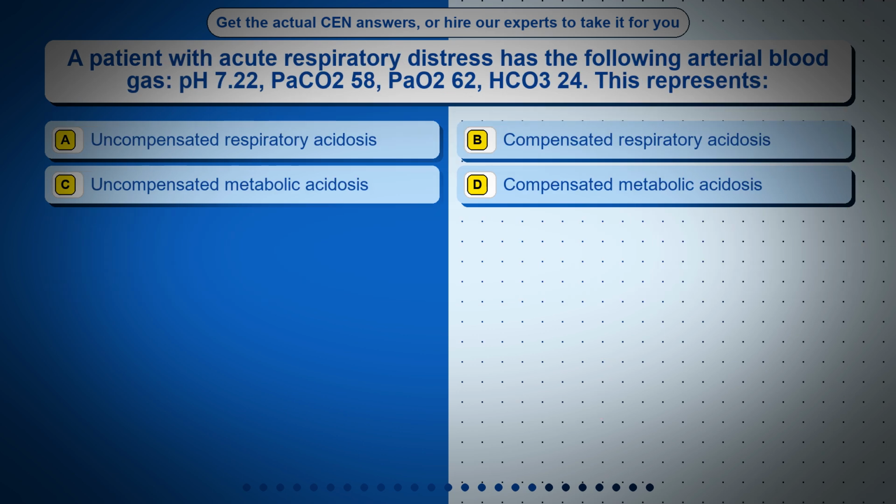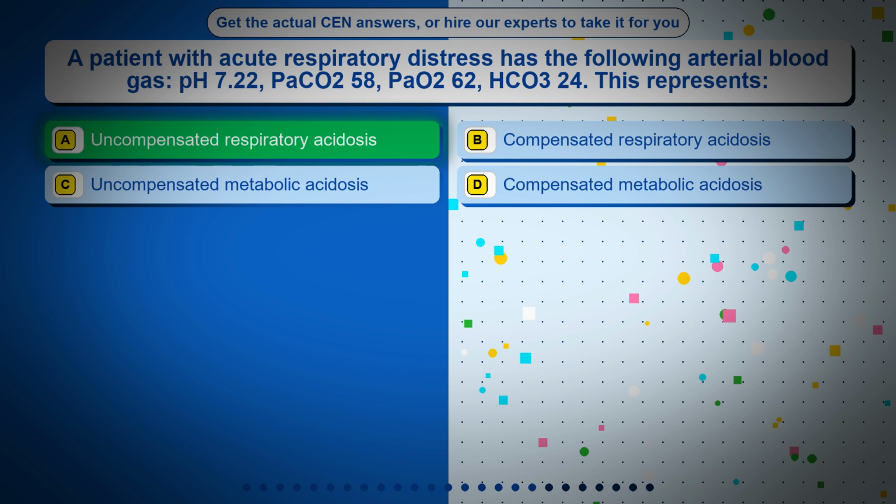Question 18. A patient with acute respiratory distress has the following arterial blood gas: pH 7.22, PaCO2 58, PaO2 62, HCO3 24. This represents option A, uncompensated respiratory acidosis, option B, compensated respiratory acidosis, option C, uncompensated metabolic acidosis, option D, compensated metabolic acidosis.